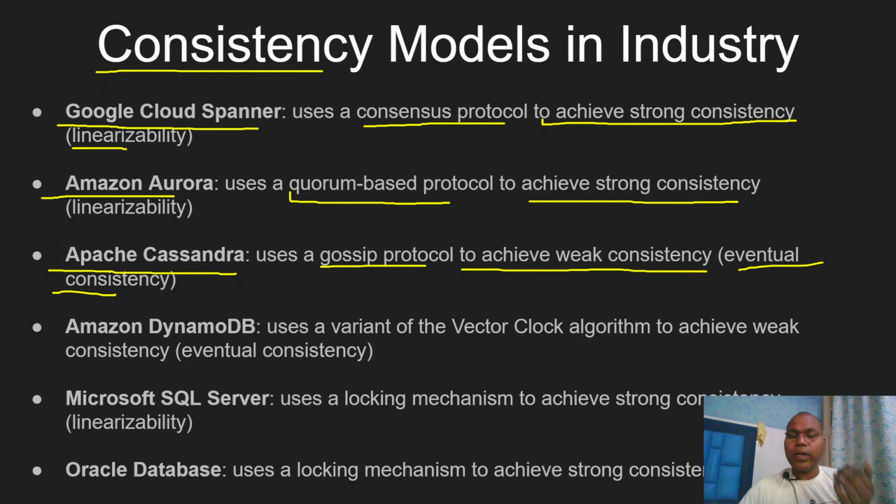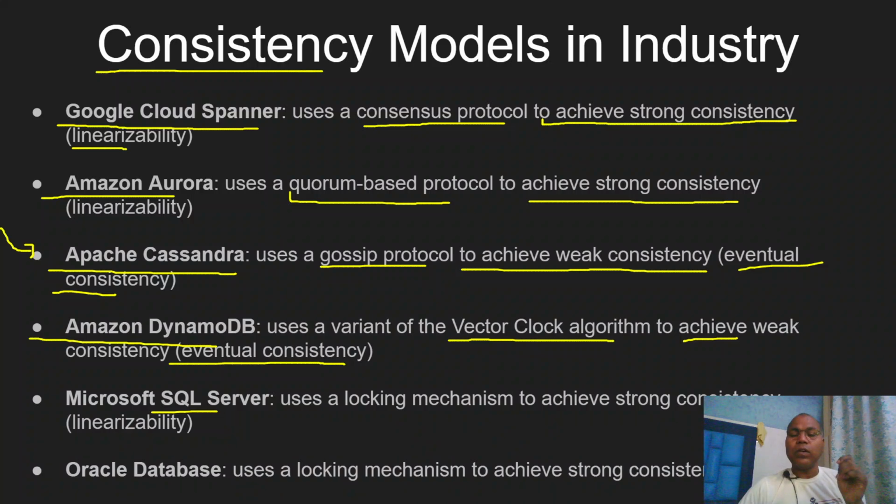That means your data is going to be replicated to all the nodes, but it will take some microseconds or milliseconds, but there is a guarantee that data will become consistent, but it will take some time. Similarly, Amazon DynamoDB also uses a vector clock algorithm to achieve, again, eventual consistency.